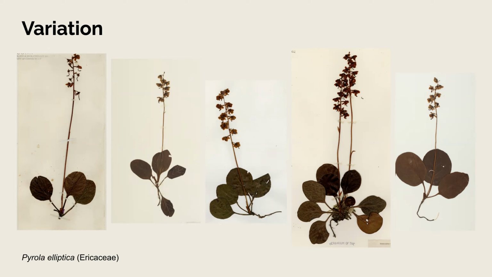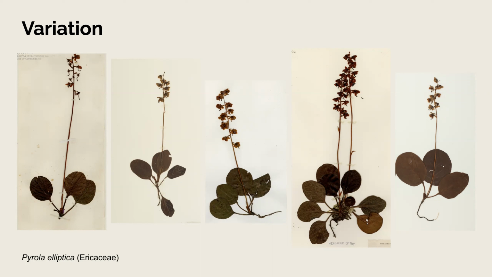When you're identifying a plant, we've talked about this before, you'll need to focus on the features that are consistently present in this species and consistently different from other species. But just looking at these images, you can see differences in the number of leaves, even the number of flowering stalks on here. This could potentially be a couple of plants that got collected together.